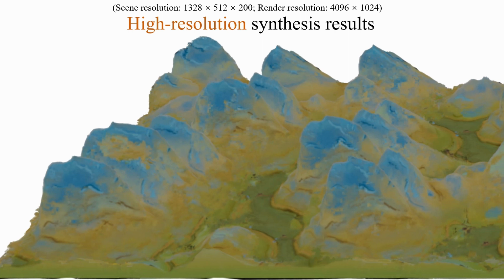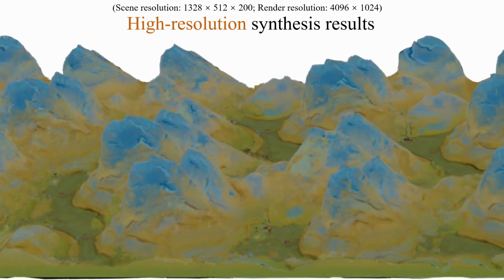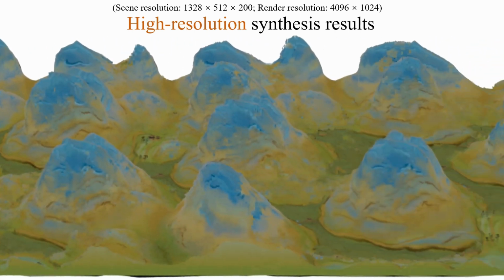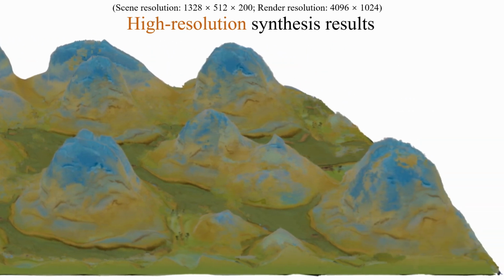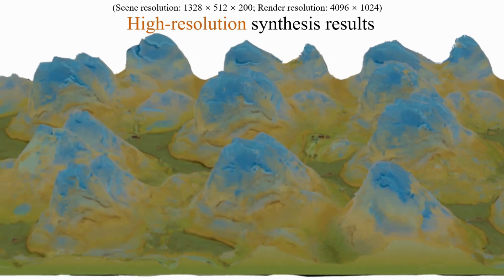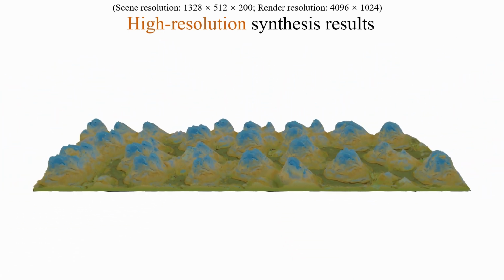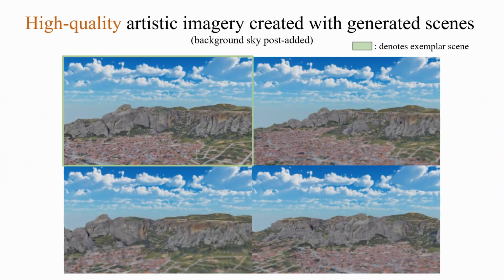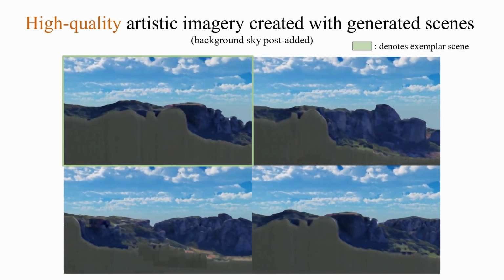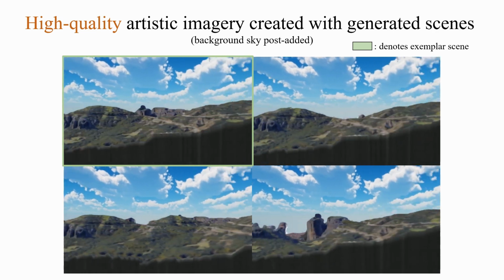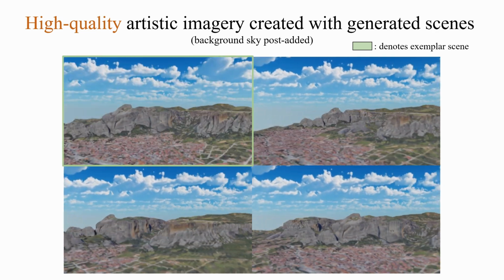We show that our method is efficient enough to support generating scenes of different sizes from the exemplar, and particularly of a much higher resolution and different aspect ratio. The resolution of this scene is 1000 by 500 by 200, and we will render a 4K image of the scene. Our method preserves details in example scenes, and we can render high-quality imagery created with generated scenes.